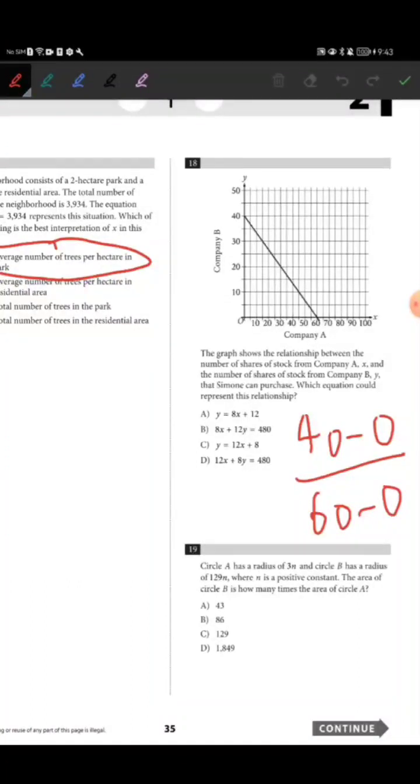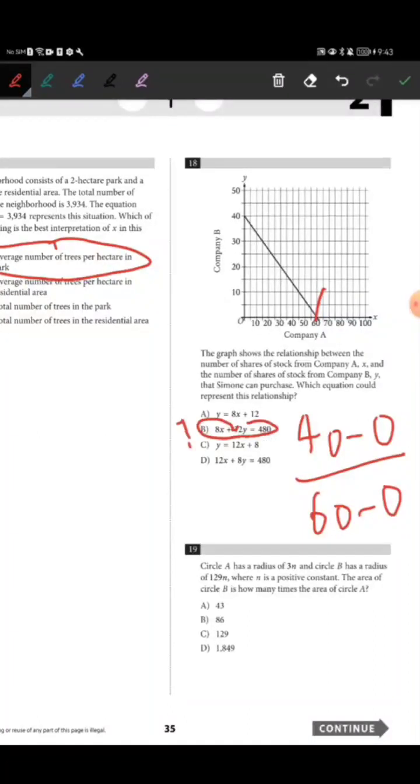So y equals 8 multiplied by 60 plus 12 is not going to get us 0. And 8 multiplied by 60 plus 12 multiplied by 0. So 8 multiplied by 60 equals 480 equals 480. So B could be a possible correct answer.